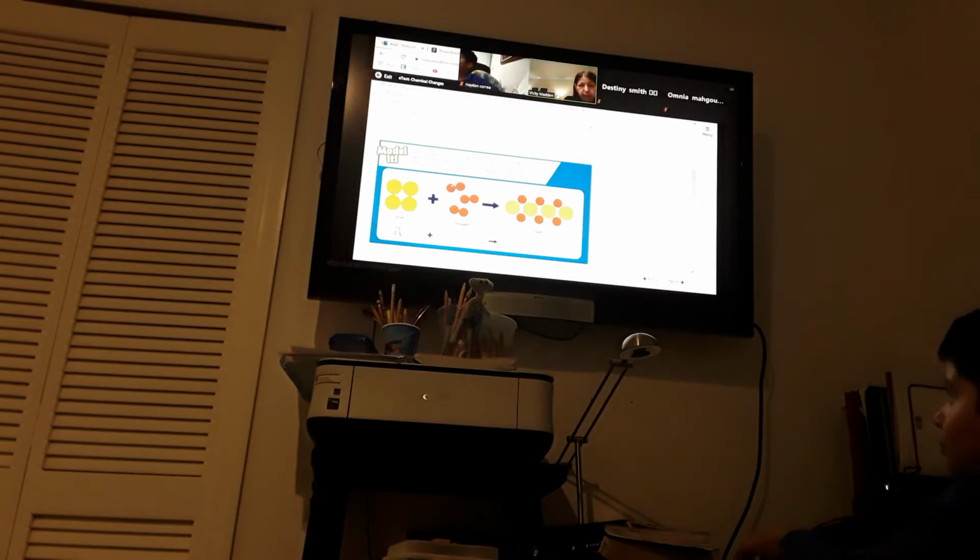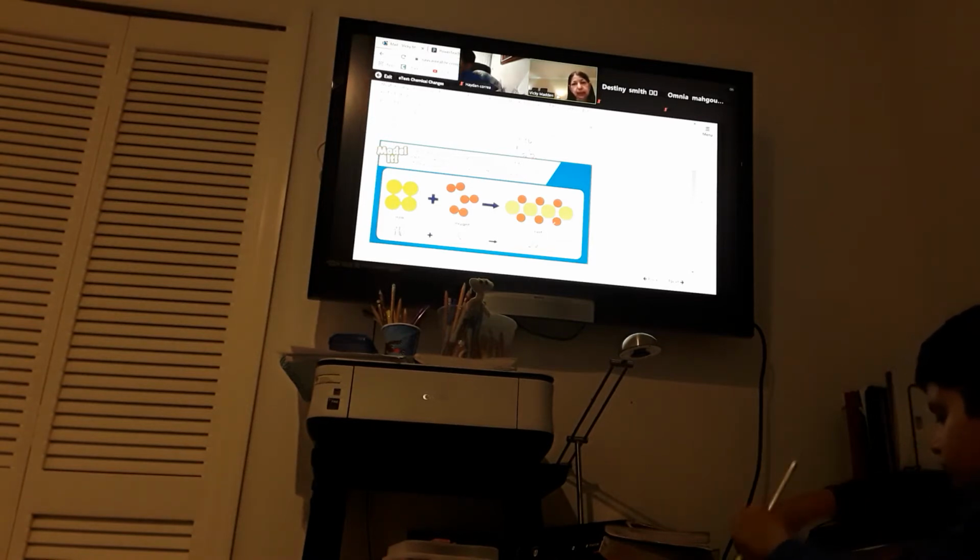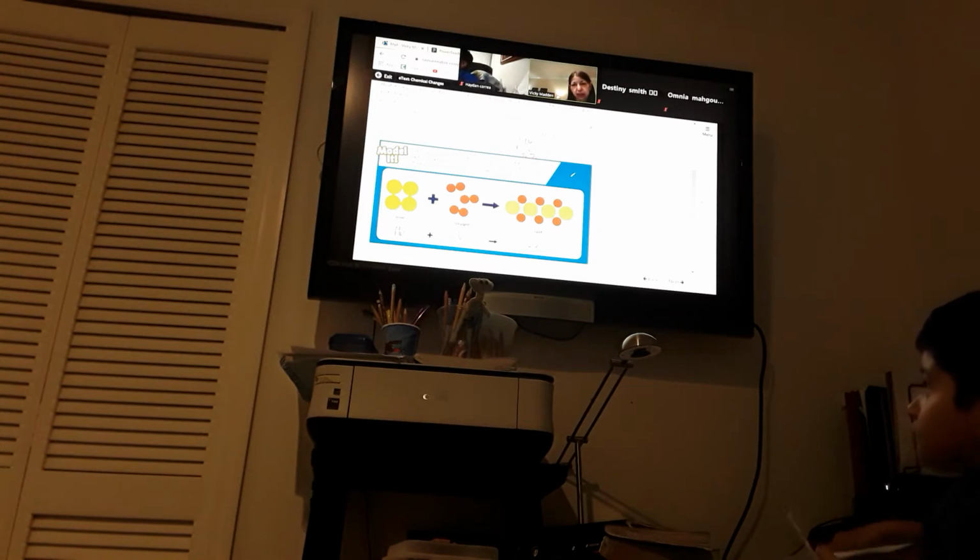Each red particle has a mass of 1 unit. 1, 2, 3, 4, 5, 6. So when I add those up, 16 plus 6, 22. Know how to do this in case there's a question on the test, ladies and gentlemen.